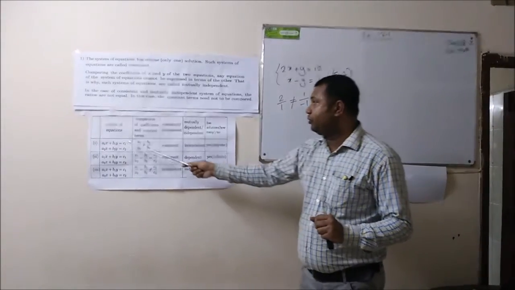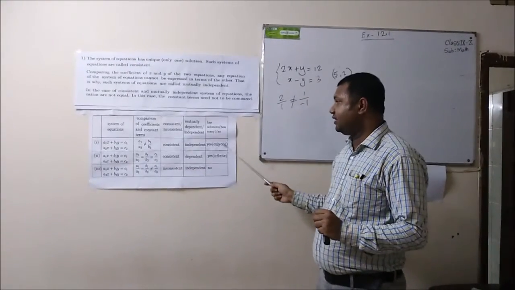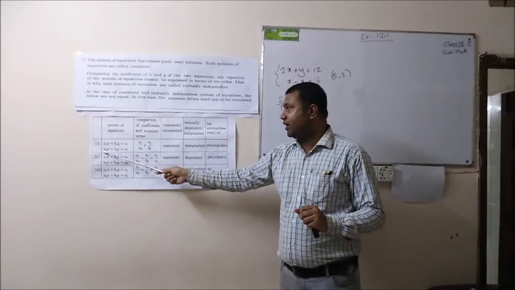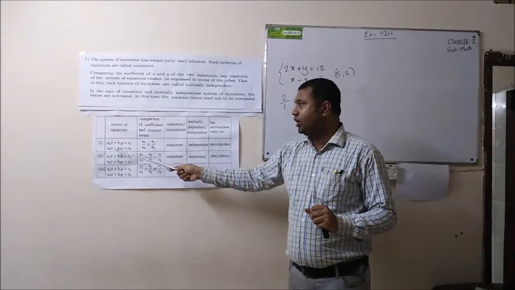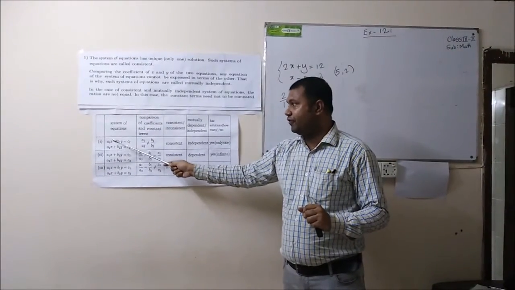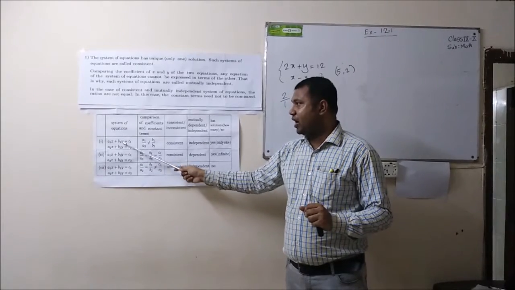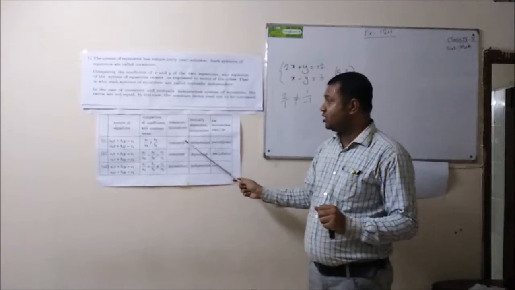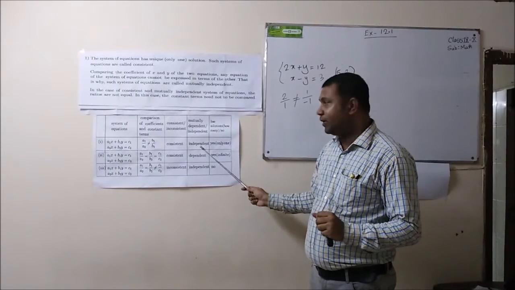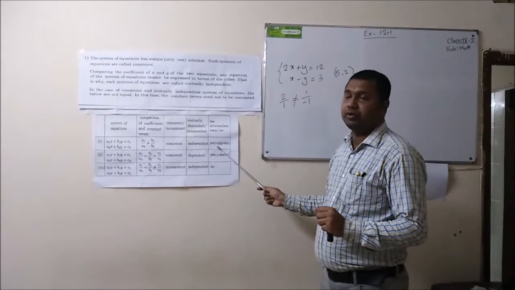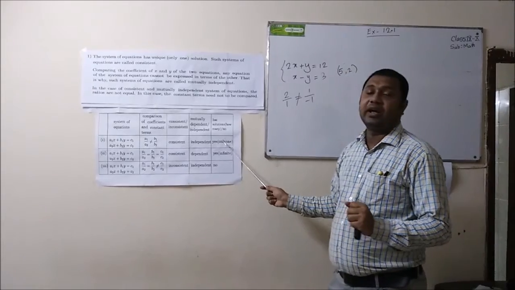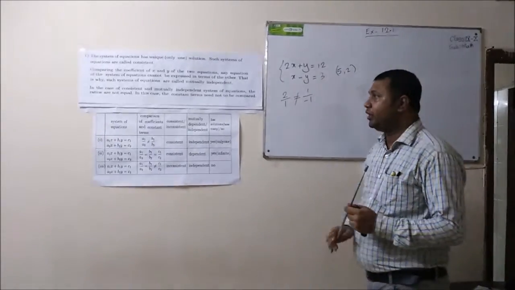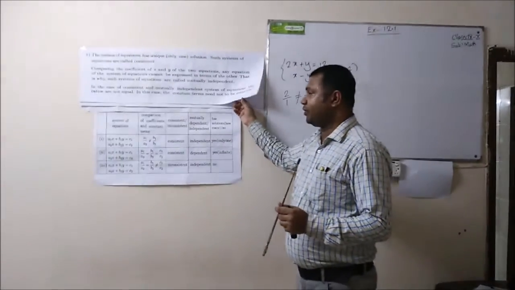So these are the characteristics. When the ratios of the coefficients of x and y are not equal, we call it consistent, mutually independent, and it has one solution. Okay, this is one type of system of equations.